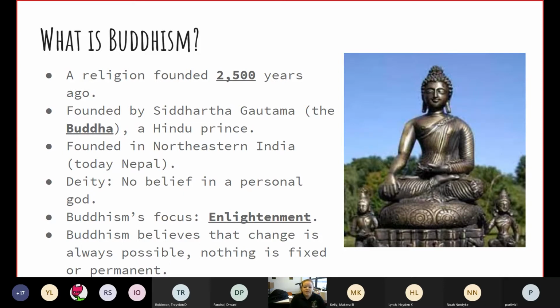And in terms of a deity, they don't believe in a personal God. There's not necessarily one God that they believe in. Their focus, however, is on enlightenment. Enlightenment. So being awakened in a way. Buddhism believes that change is always possible and nothing is fixed or permanent.